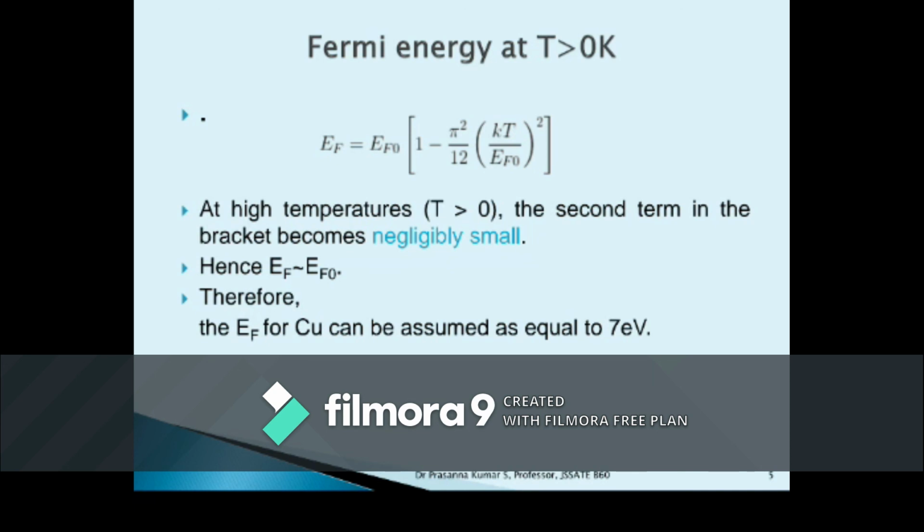As temperature is increased, the second term in the square bracket goes to smaller and smaller values. Therefore, it can be neglected. Ultimately, the Fermi energy is approximately equal to the one calculated at 0 Kelvin. Therefore, whatever is measured at room temperature holds good at 0 Kelvin also.